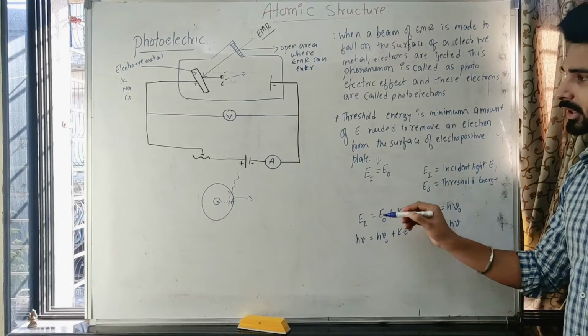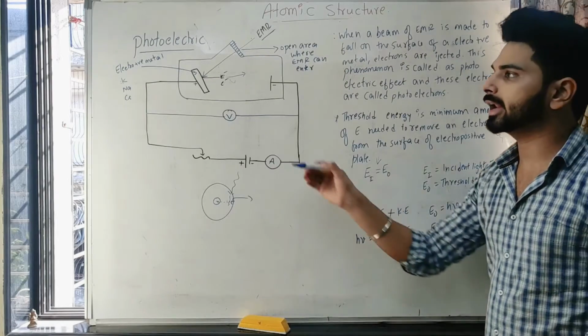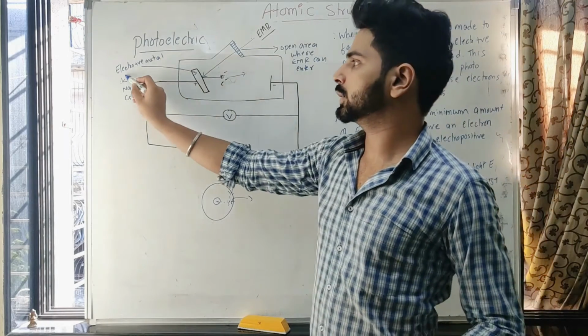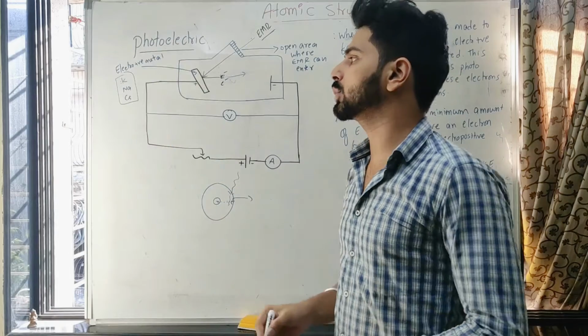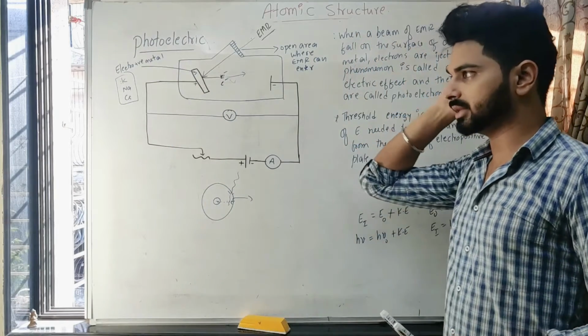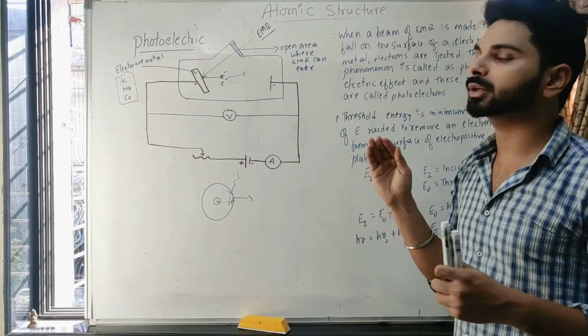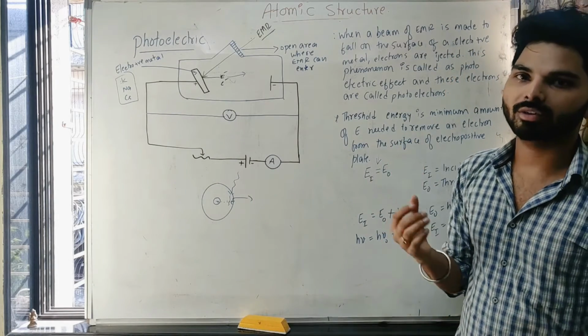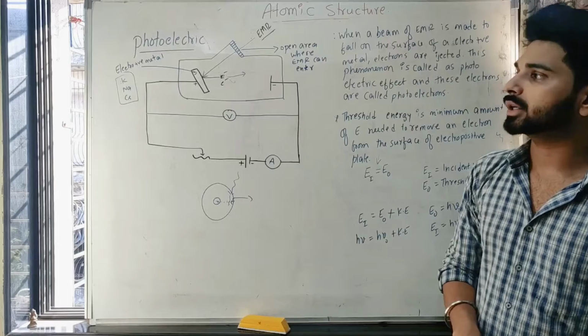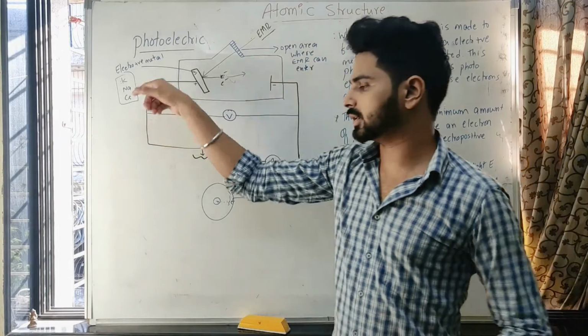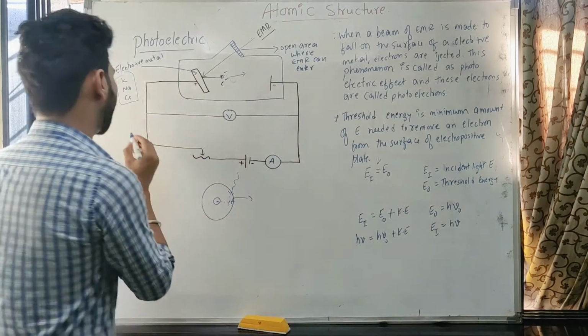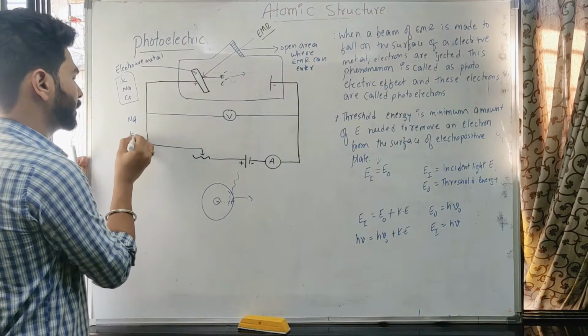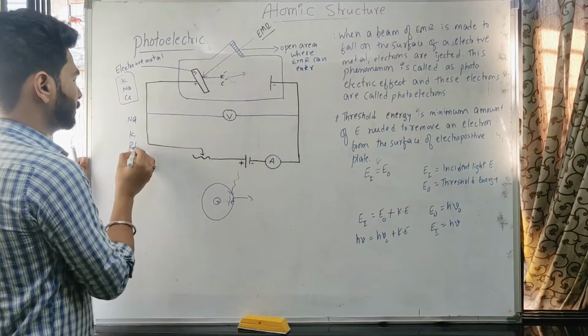Now this threshold energy will be different for different electropositive metals. Even if I talk about potassium, sodium, cesium, we know cesium is a bigger atom, so the outermost electron will be loosely held there. So not much energy is needed to remove the electron from the surface. Compare that with sodium: in the periodic table they are arranged in this order: sodium, potassium, rubidium, and cesium.